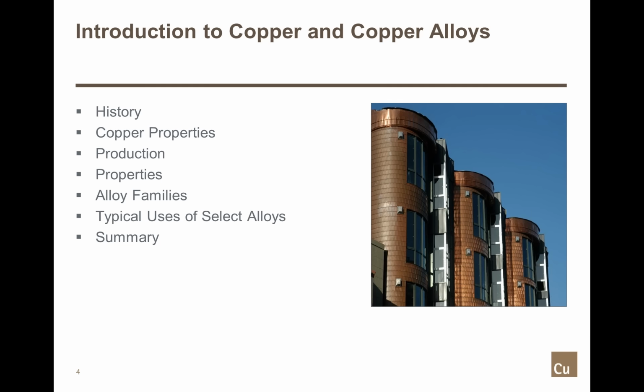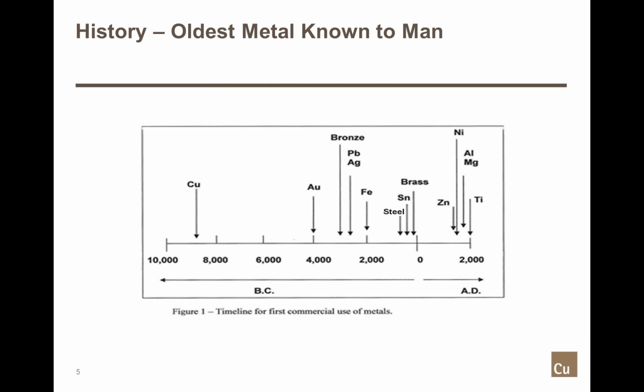So copper has been used for about 11,000 years. The next oldest metal is gold, whose symbol is Au. That's 4,000 BC. And then the alloy bronze, which was discovered accidentally around 3,000 BC. So you have a copper and bronze age.